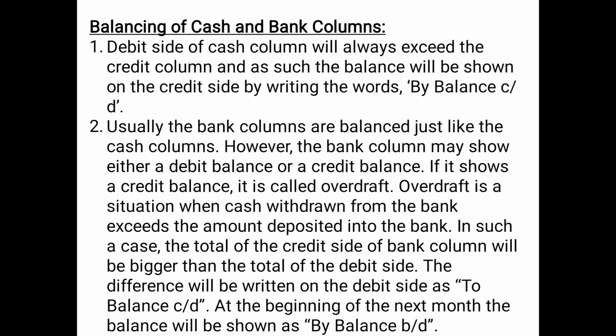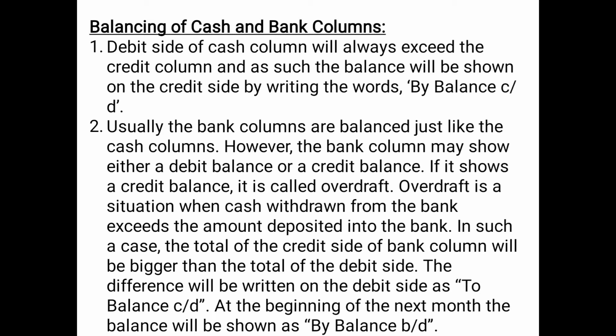In such a case, the total of the credit side of the bank column will be bigger than the total of the debit side. And we know if the total of the credit side is more than the debit side, the balancing figure will be shown on the debit side as to balance carried down, just to make both sides equal. Whatever balance carried down we have on the debit side will be brought forward on the opposite side, that is on the credit side, as by balance brought down after showing the subtotal.